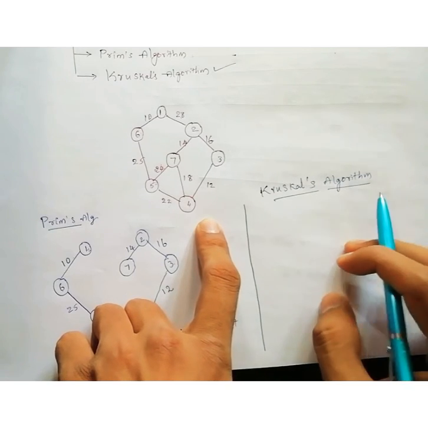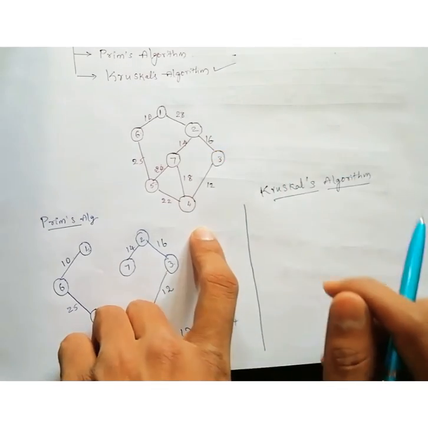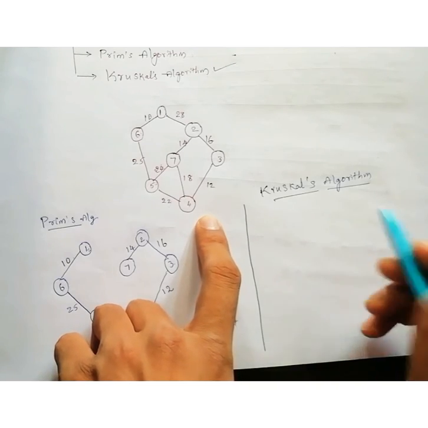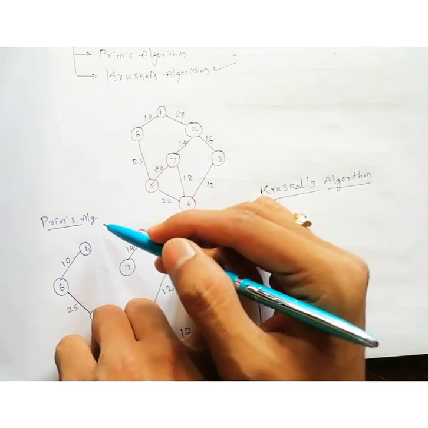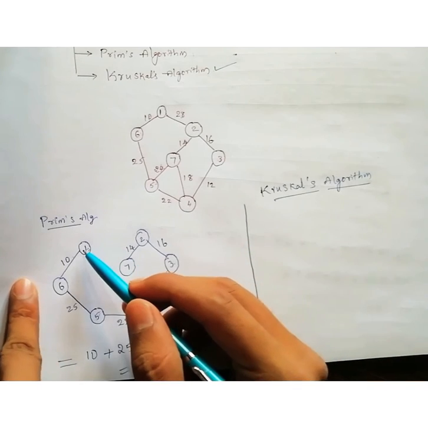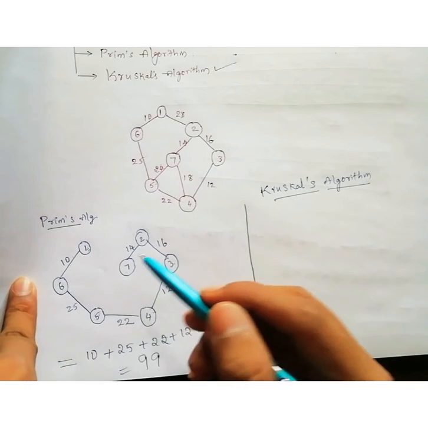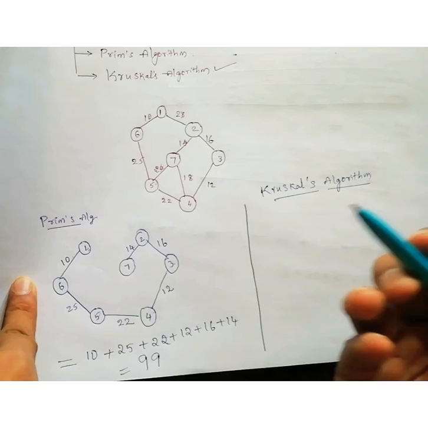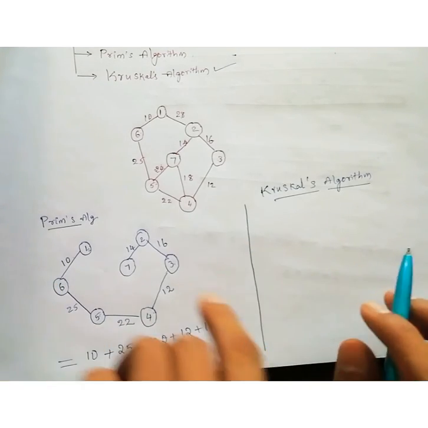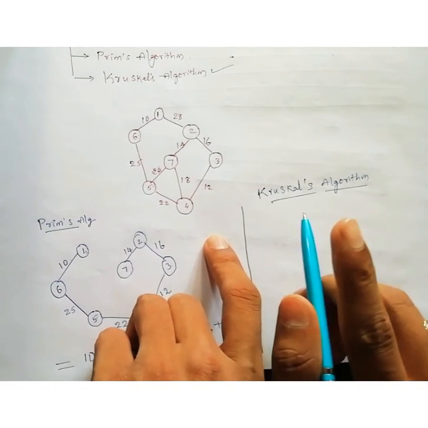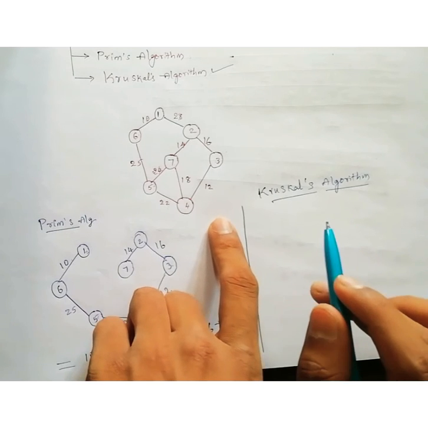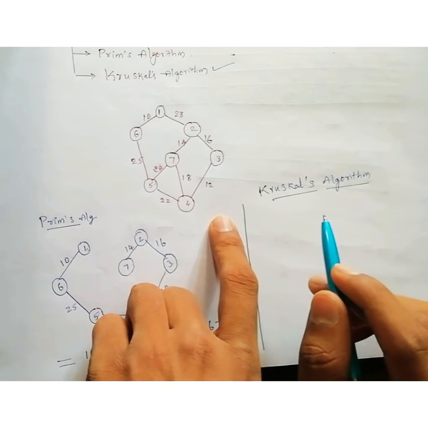So to find the minimum cost spanning tree for the given graph, how to find? In case of Prim's, first we selected the minimum edge and then selected connected vertices' minimum edge. So two steps. Here we have only one step, that is always consider the minimum edge.